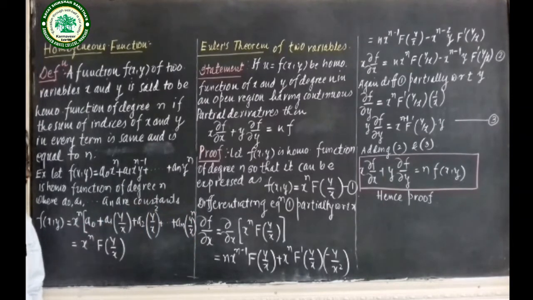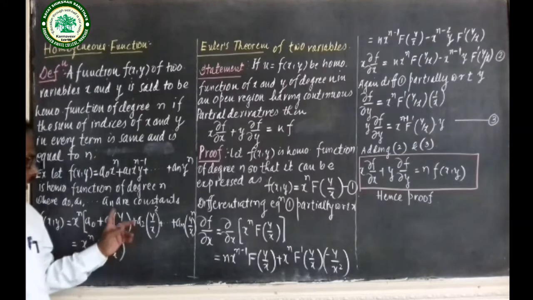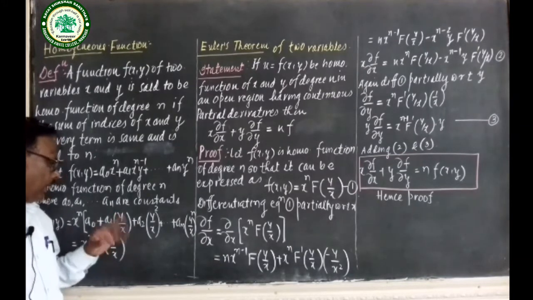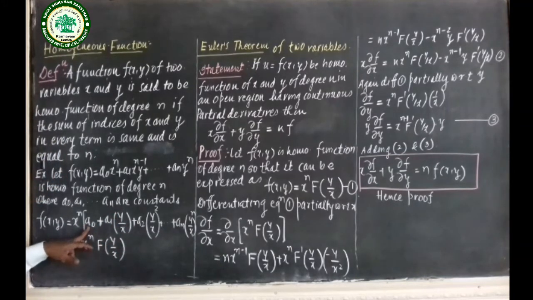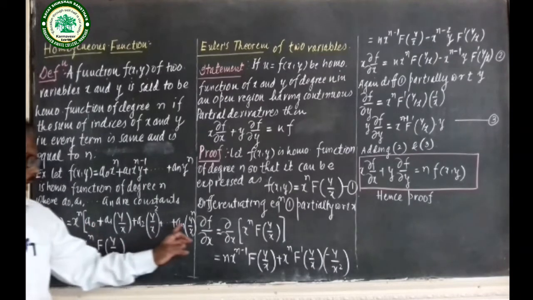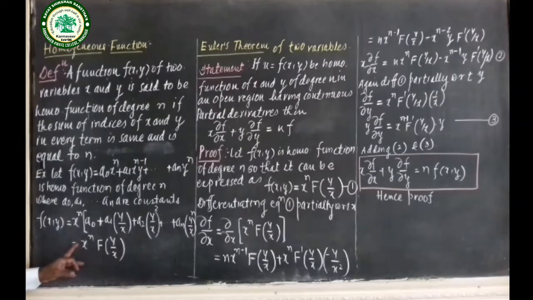By this way, all terms are terms in y by x, and only the leading term is constant. That means this polynomial is x raised to n as it is, times a function of y upon x.